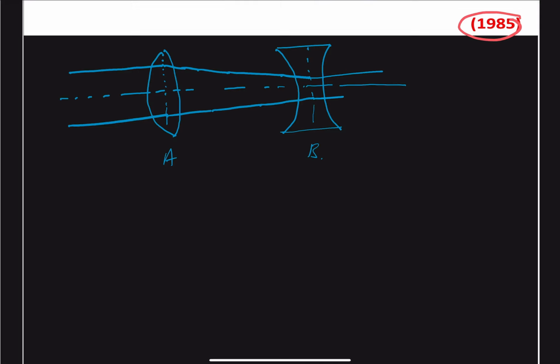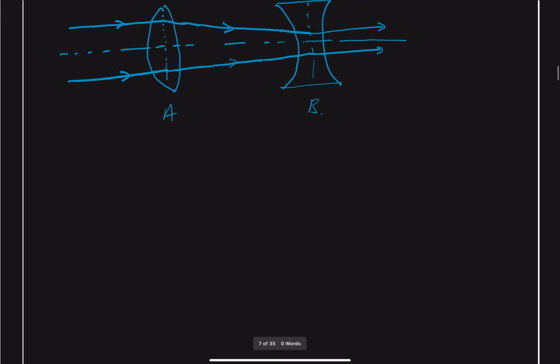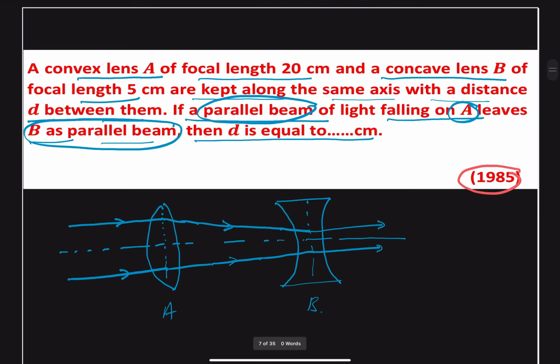This is the given condition which is to be satisfied, and under this condition we have to find out the distance between these two lenses, and it is said that the focal length of A is 20 centimeter.